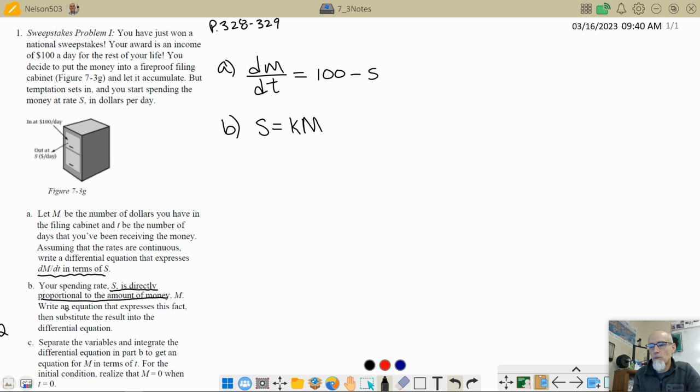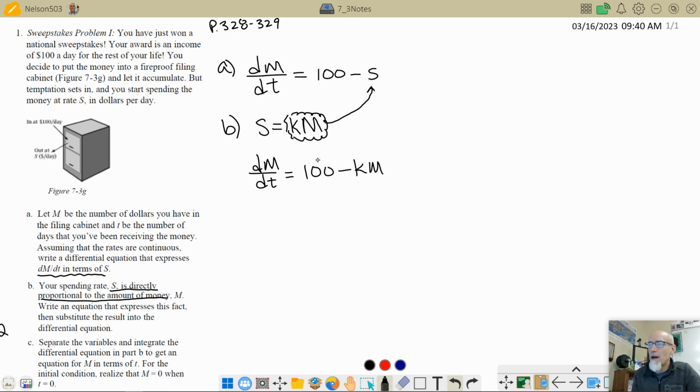So it says, write an equation that expresses this fact, then substitute that result into the differential equation. So I'm going to take this Km business right here and substitute it in for that S right there. That really improves things because now I have an M in my equation. Before I did not have an M in my equation.